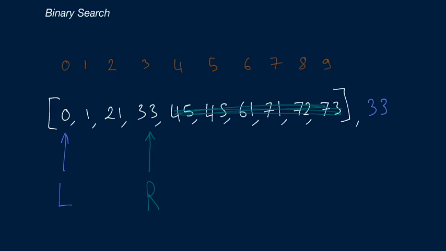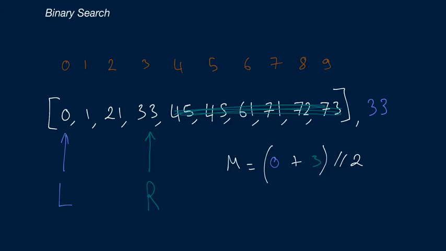And now we recalculate the middle pointer. So we say M is going to be equal to 0, which is where we have the left pointer, here, this left index, right? Plus 3, because our right pointer is now pointing at 3. So plus 3, and then we once again divide by 2, rounded down.